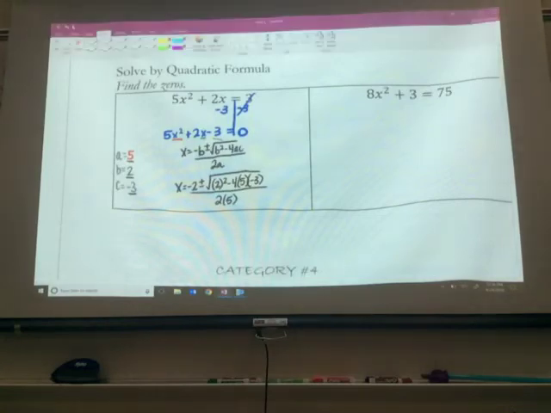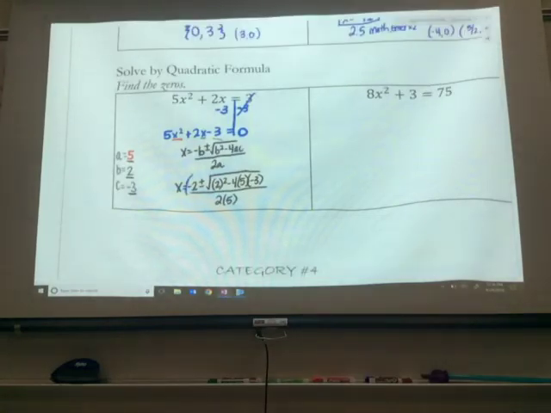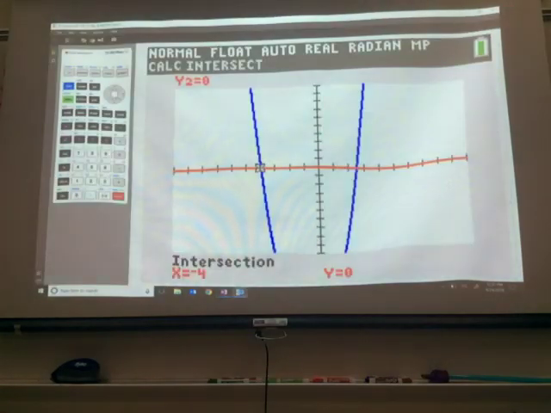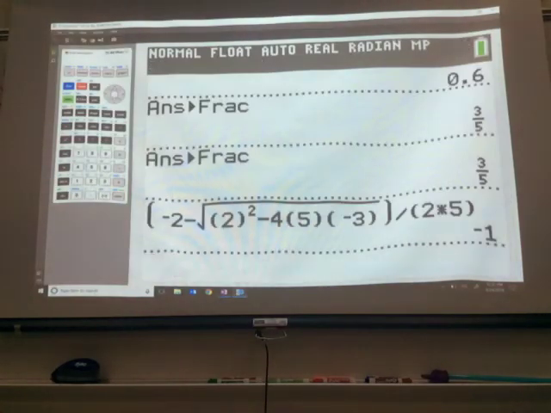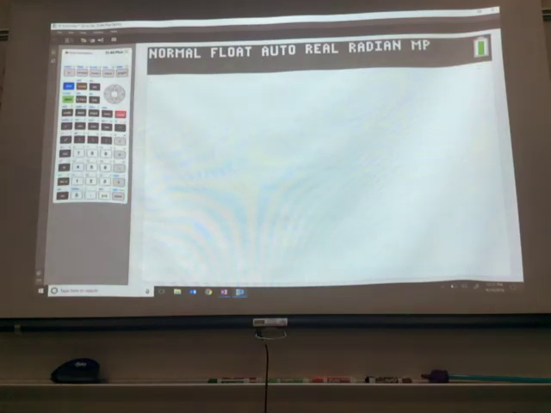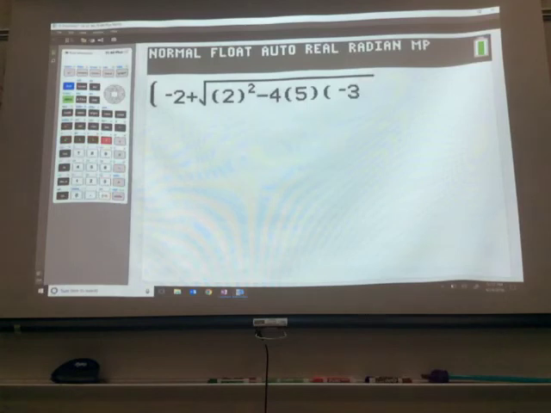The only thing you have to remember is when you go to your calculator to type this in, your numerator has to have parentheses and your denominator has to have parentheses. So we're going to go to our calculator really quickly. We're going to go to our normal screen, clear out whatever we see. We're going to say parentheses, -2 plus the square root, 2 squared in parentheses, minus 4 parentheses 5 parentheses -3.